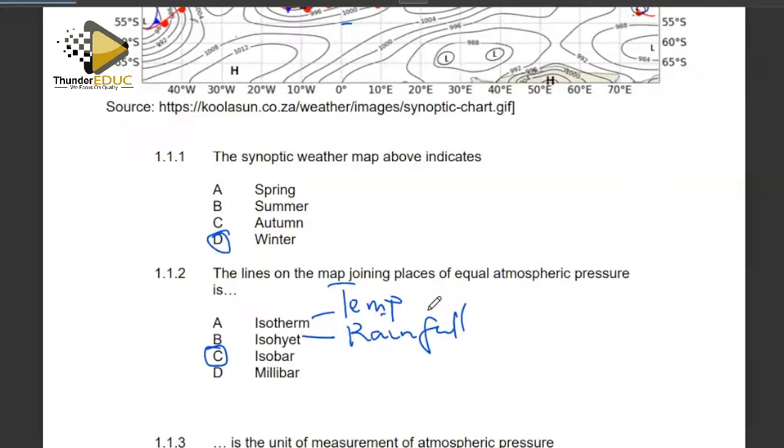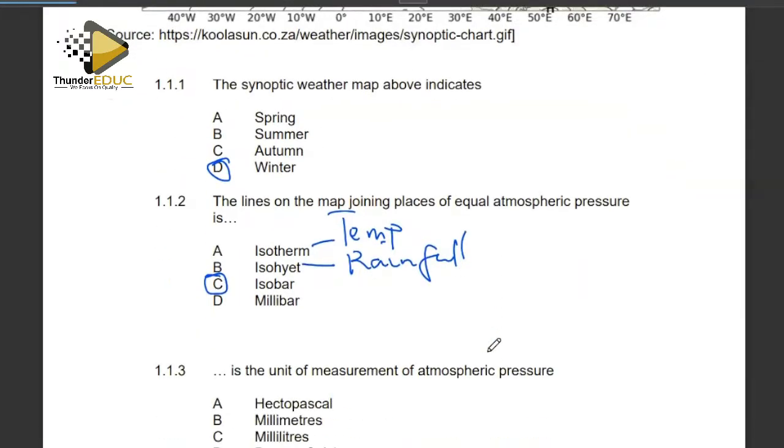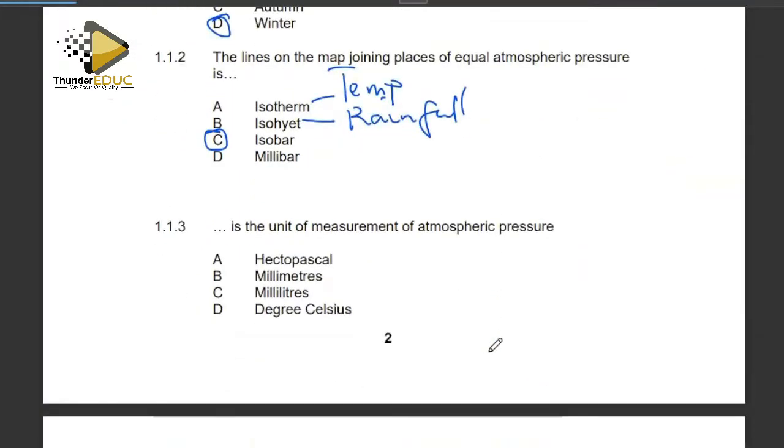Then the millibars are a unit of measurement of atmospheric pressure, or in other maps, we use the hectopascal. Right, then the unit of measurement of atmospheric pressure is the hectopascal, the HPA.